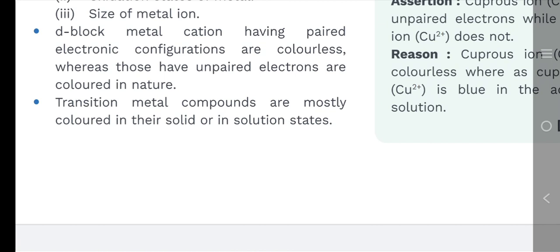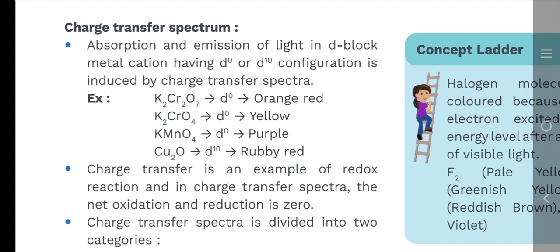The frequency of light that is absorbed depends on the nature of the ligand, the oxidation state of the metal, and the size of the metal ion. D block metal cations having paired electronic configurations are colorless, whereas those that have unpaired electrons are more colored in nature. Transition metal compounds are mostly colored in their solid or in solution states.